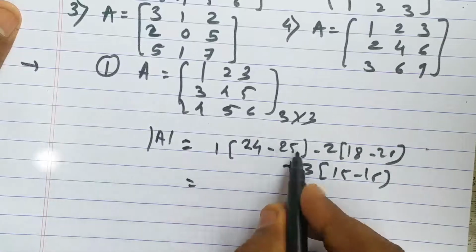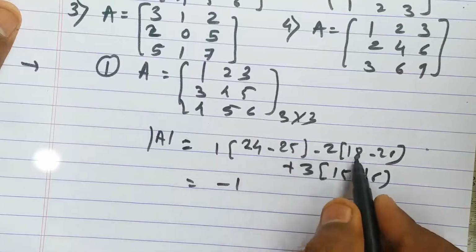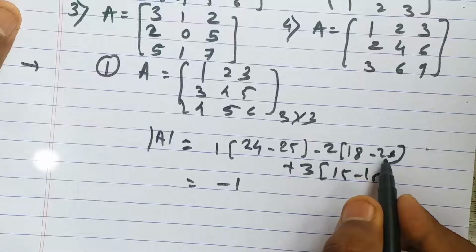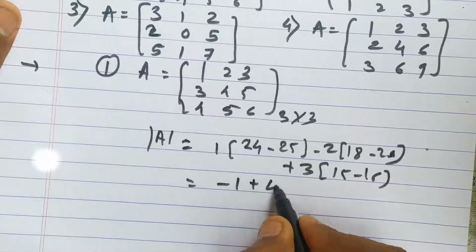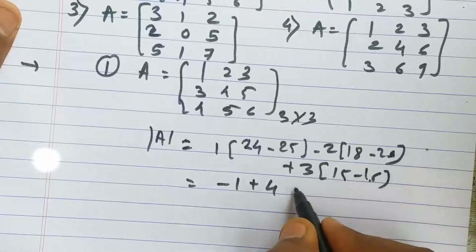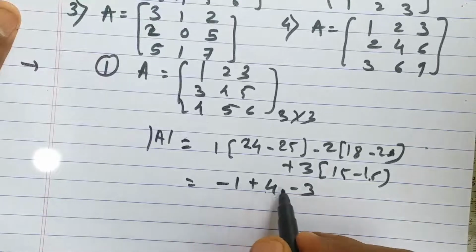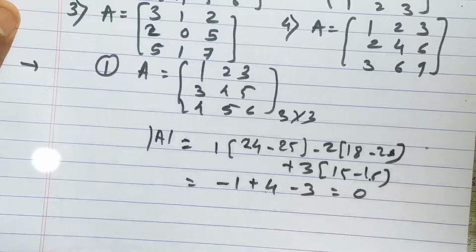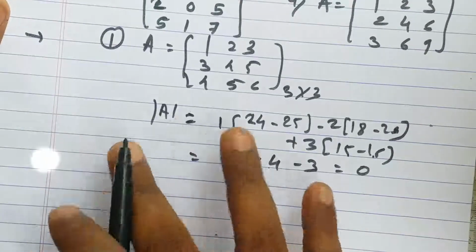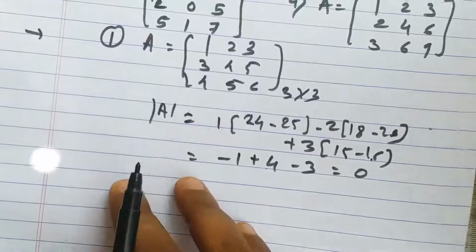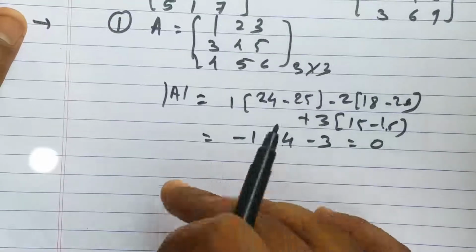After simplification, we get minus 1, then 18 minus 20 is minus 2, so plus 4, and 15 minus 16 is minus 1, so minus 3. So it is minus 1 plus 4 minus 3, which is 0. So the determinant is 0, which means the order 3 minor has vanished. It is not non-vanishing.